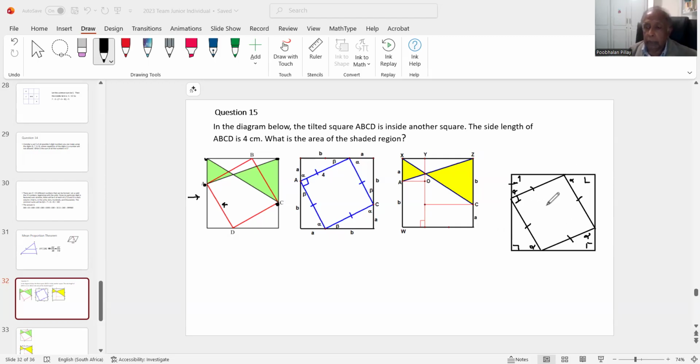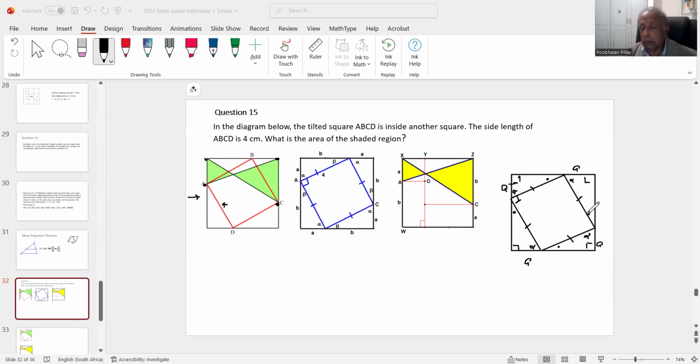The more important thing is that if this side here is A, the side opposite this angle will be equal to the side opposite that angle, and that will be equal to the side opposite that angle, and that will be equal to the side opposite this angle.